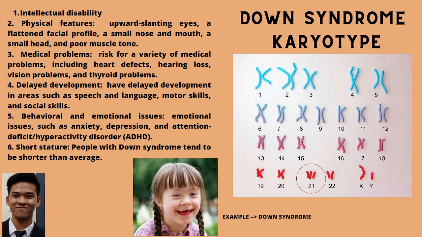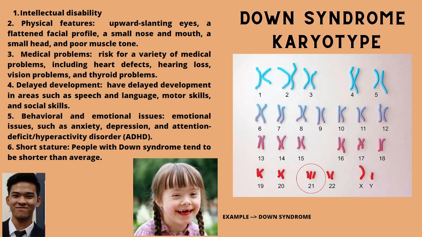Third, medical problems. People with Down syndrome may be at increased risk for a variety of medical problems, including heart defects, hearing loss, vision problems, and thyroid problems. Fourth, delayed development. Children with Down syndrome may have delayed development in areas such as speech and language, motor skills, and social skills.